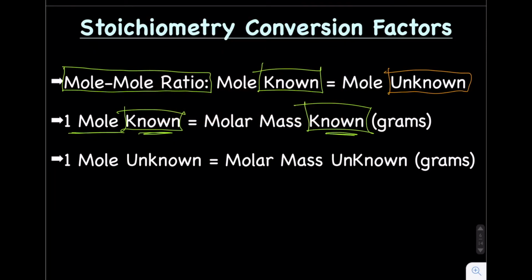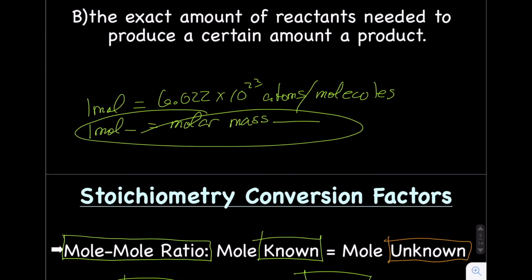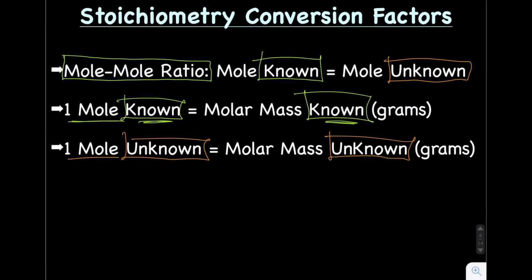And then the third one is 1 mole of the unknown equals the molar mass of the unknown in grams. And again, that one is just like the one we used in the mole unit. The difference is I'm specifying the unknown. And why I'm specifying known and unknown will become clear as the unit proceeds.